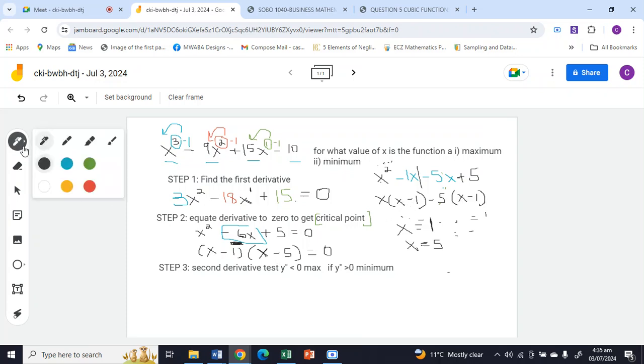So what you're supposed to write is like this: x minus 1, x minus 5. So that's how we came to this here.